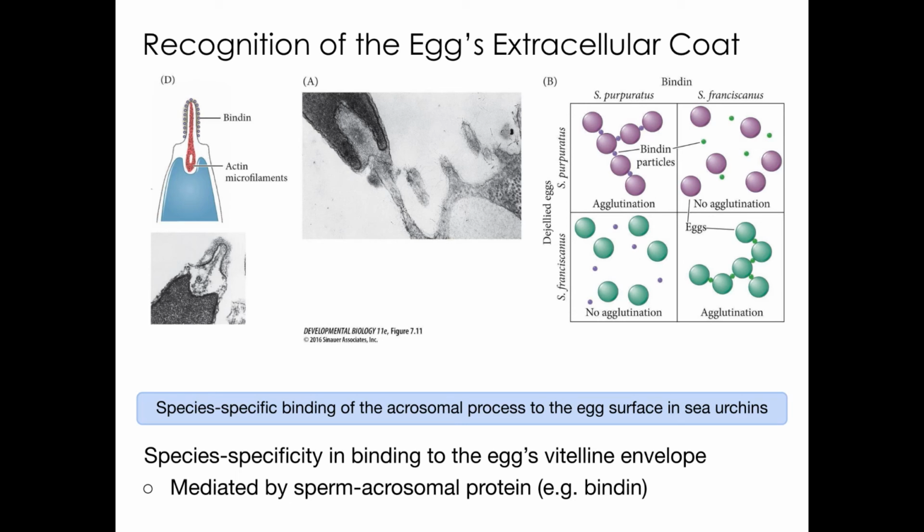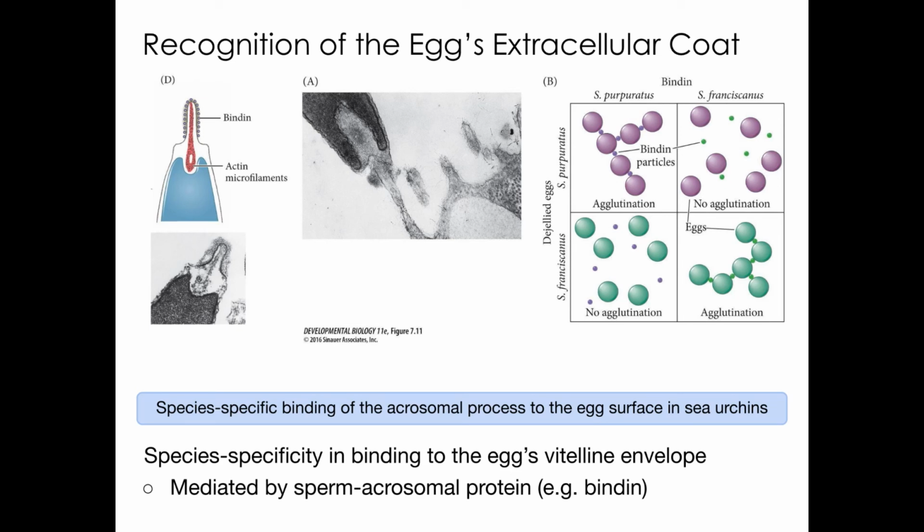In an experiment, bindin from two different species, S. purpuratus and S. franciscanus, was incubated with the jellied eggs from these two species. And the eggs are the larger circles here, the bindin particles are the smaller circles. In this diagram, the colors represent the species, with the purple appropriately representing the S. purpuratus, and the green representing the S. franciscanus.